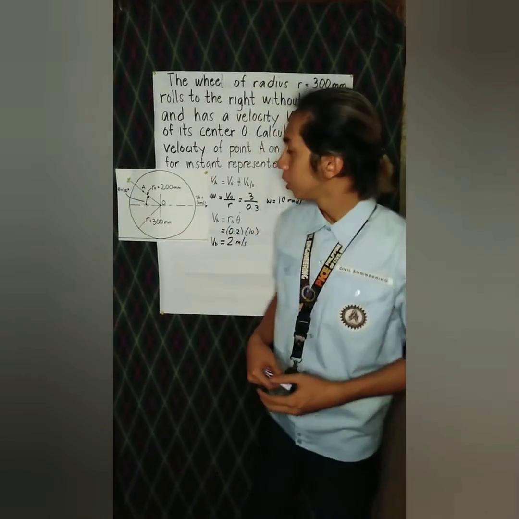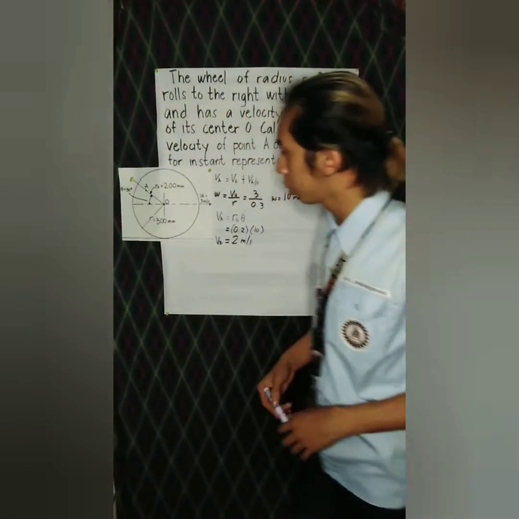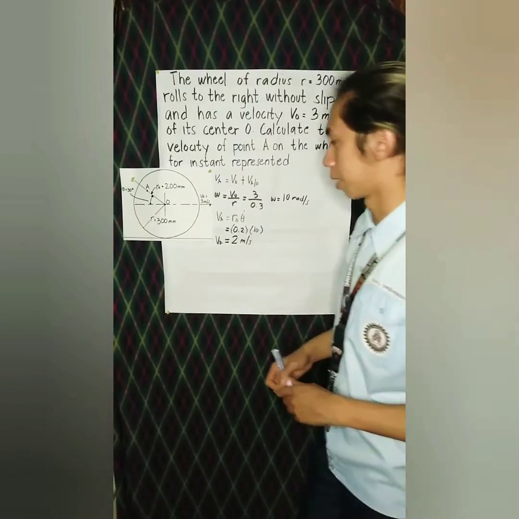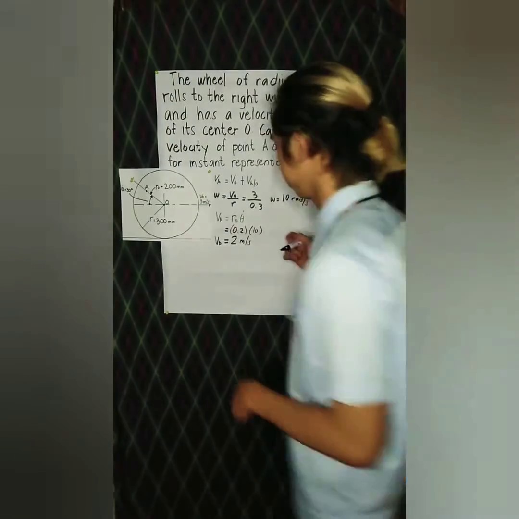The vector may be calculated by the law of cosines. So here at point A, we can draw a parallelogram.